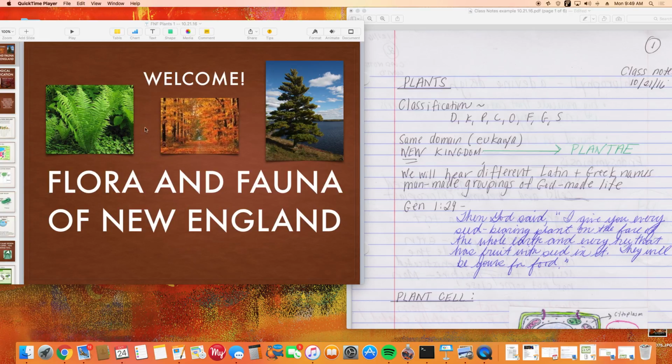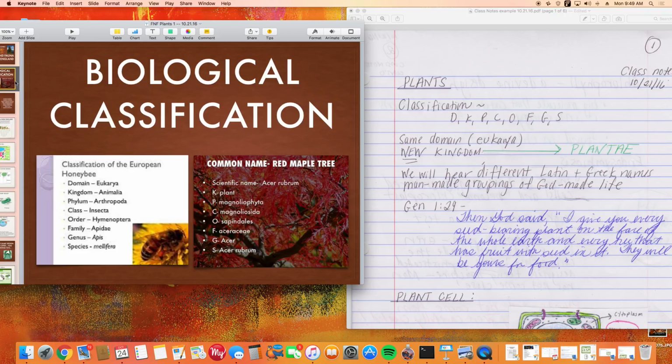So we introduced the plants with a little review of classification. So we talked about biological classification. Remember, up to this point, we studied one phylum, and that was Arthropoda, okay? And when we were exploring the arthropods, we actually went through a couple of different classes.